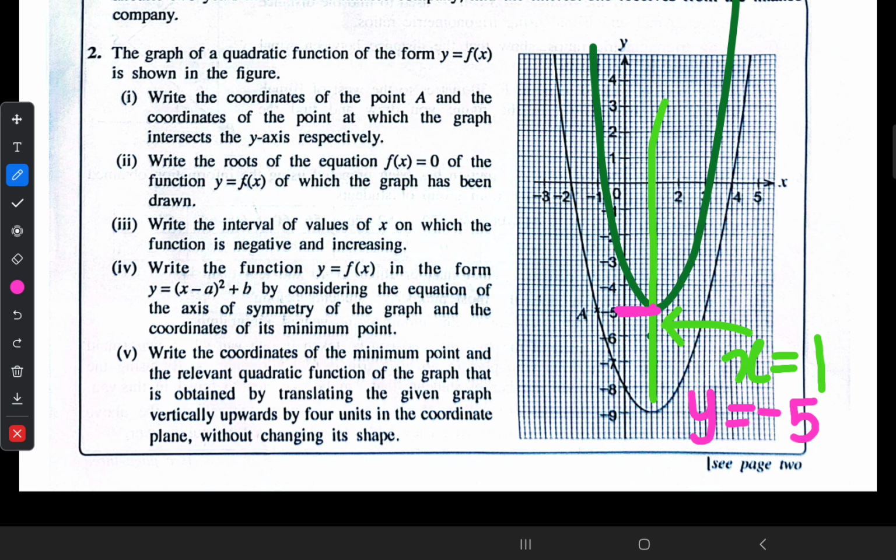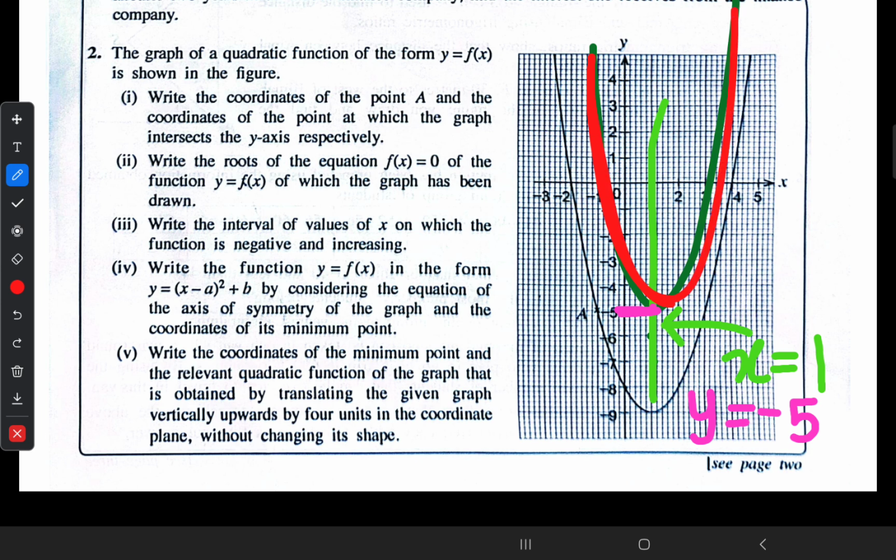I found the graph equation. When you look at this equation first in the 2018 paper, it looks weird and a little difficult, but now you are familiar with this. It's very easy.